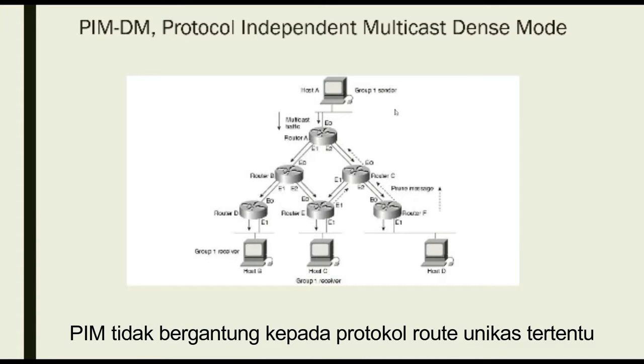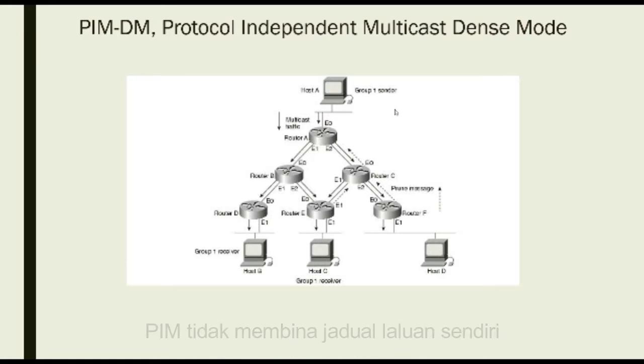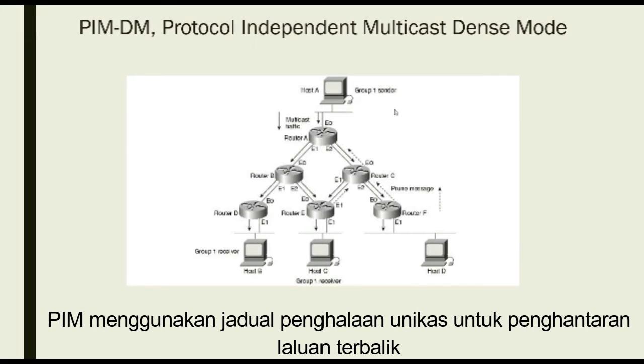PIM is not dependent on a specific unicast routing protocol. It can make use of any unicast routing protocol in use on the Internet. PIM does not build its own routing tables. PIM uses the unicast routing table for reverse path forwarding.